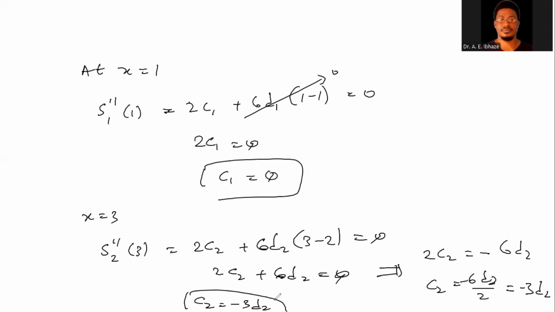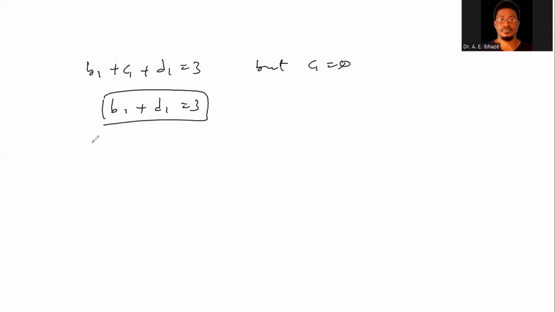So now that we have been able to resolve the system of equations, then we could solve for them through substitution. And if we do that, we already know that B1 plus C1 plus D1 is the same as 3, but C1 is the same as 0. So that B1 plus 0 plus D1 is the same as 3. Also, B2 plus C2 plus D2 is the same as 5.